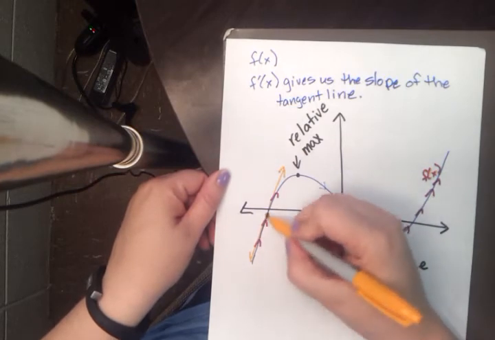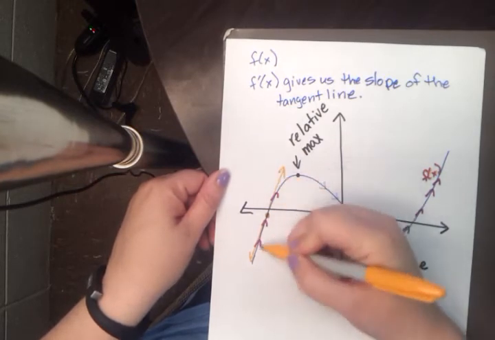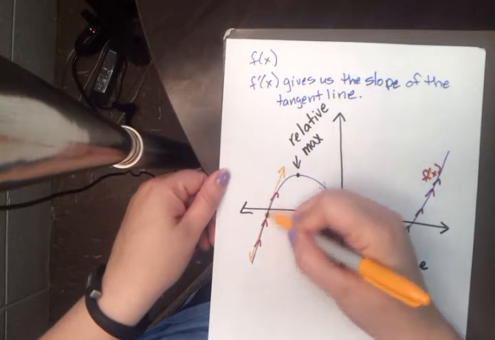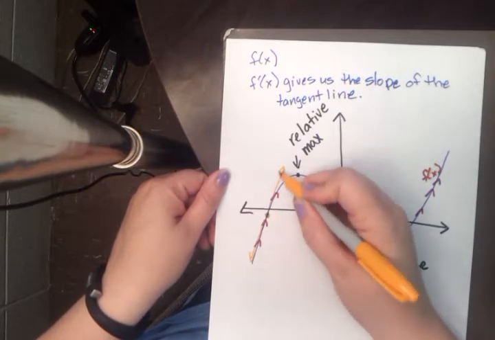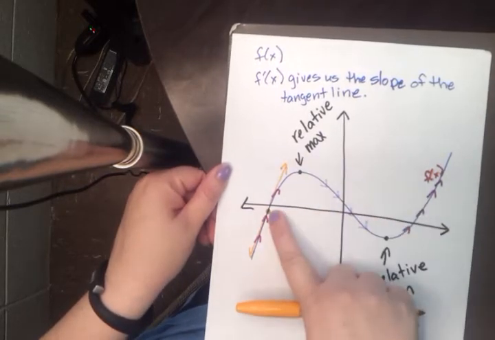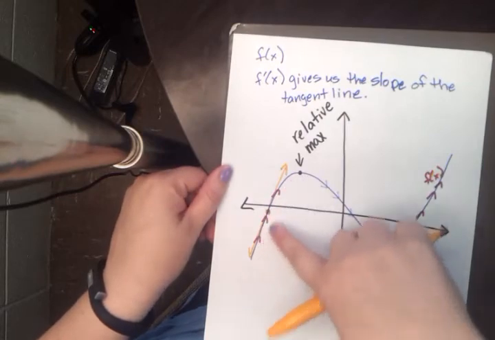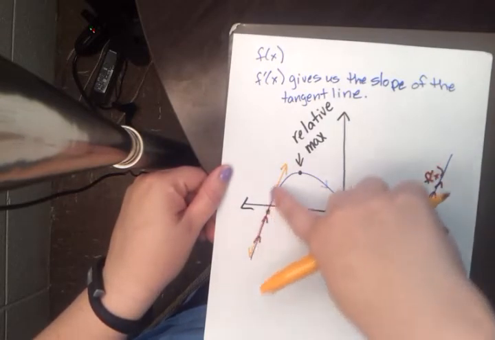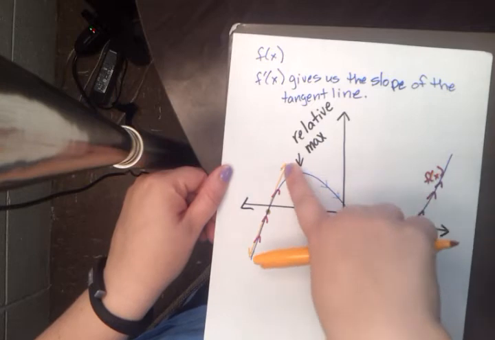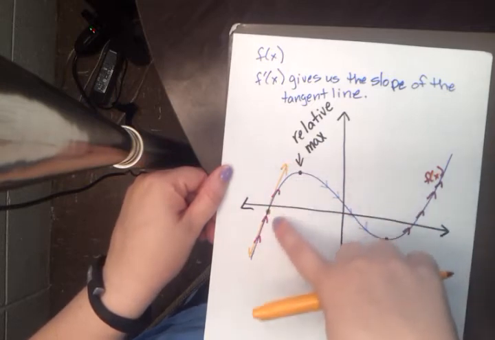The number it's going to give you is going to be the slope of this line here. If that number is positive, if the slope is positive, that means that the function is increasing. And of course, since our function's increasing here, if I drew a tangent line, the tangent line is going to have a positive slope.